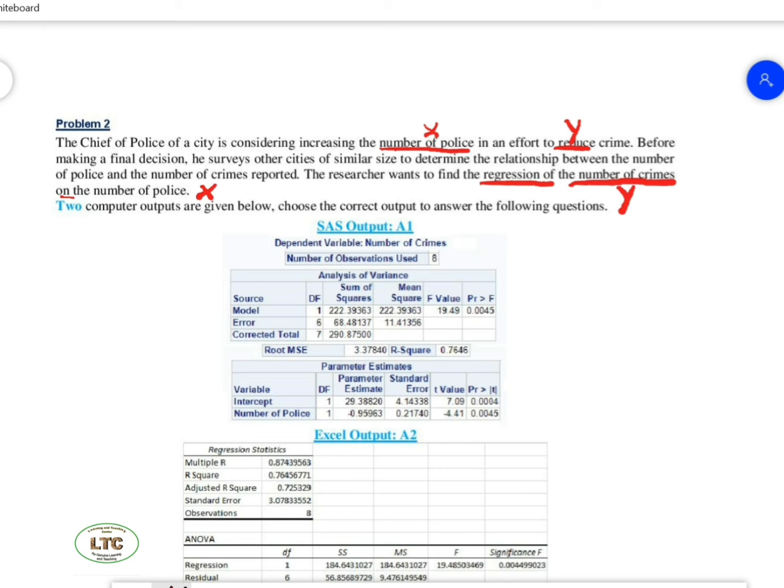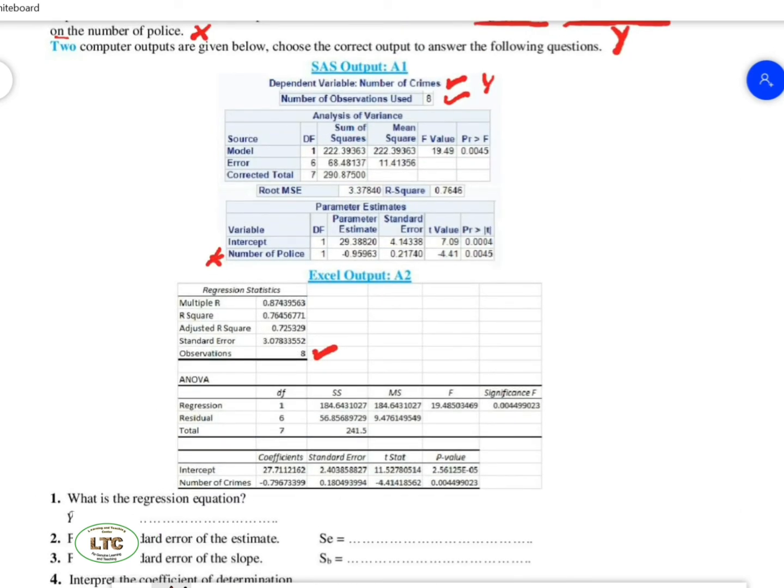Number of observations, same, and dependent variable Y is number of crimes, and here number of police, that is all consistent. In output 2, here number of crimes must be X, but this is Y, so this is false. This is the correct one, the answer.